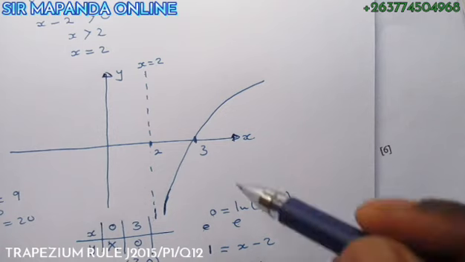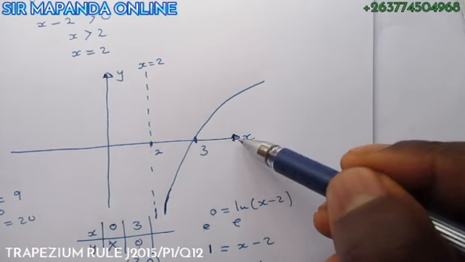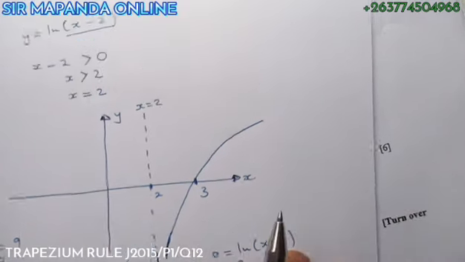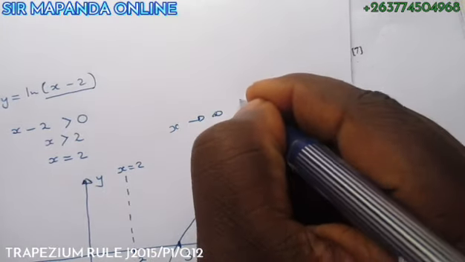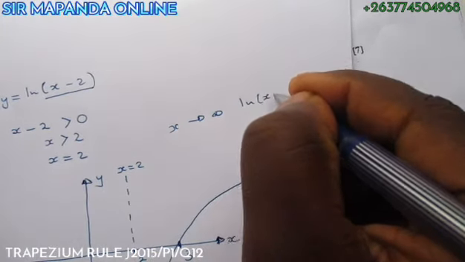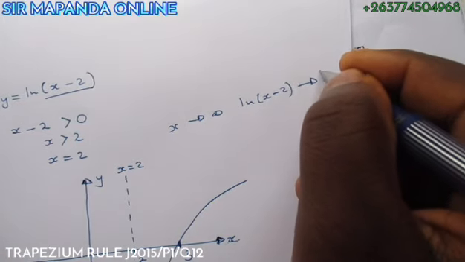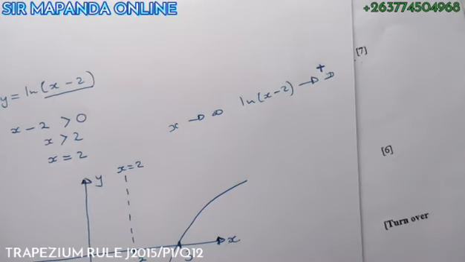Right. So the upper part of the graph is above the x-axis, and the lower part of the graph is below the x-axis. Why? Because when x approaches infinity, ln(x minus 2) also approaches infinity, which is positive infinity.